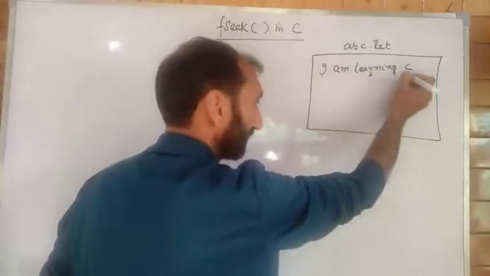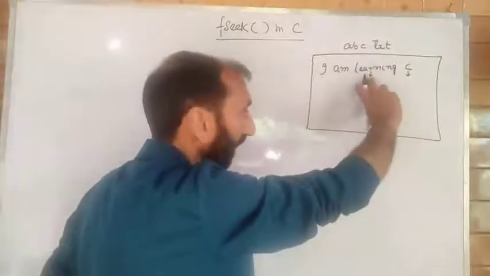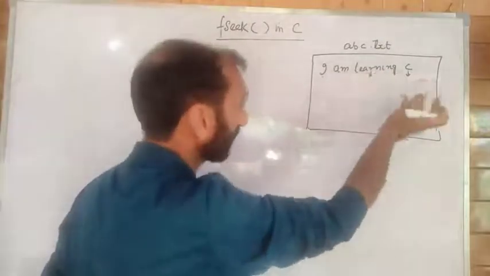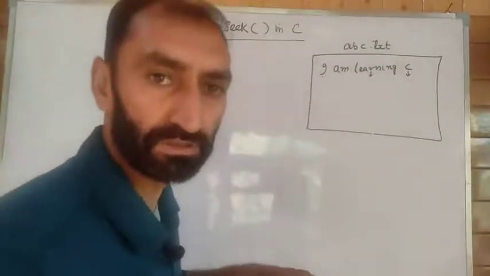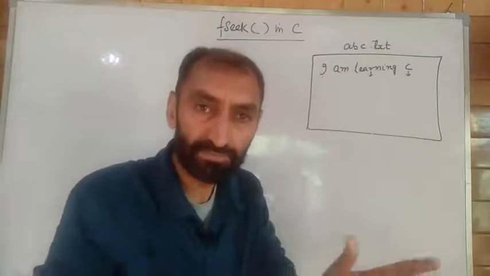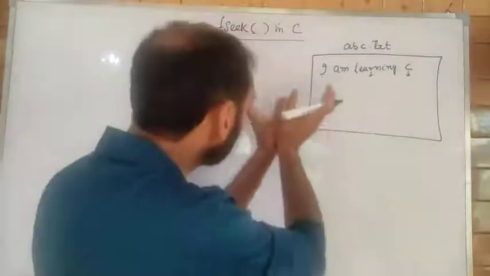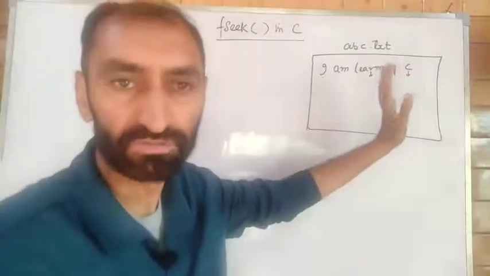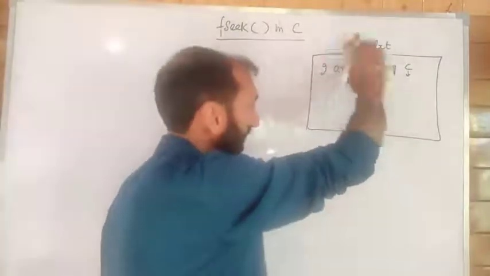For example, presently the cursor is at C and I want to move it to this position, or I want to move the cursor from the beginning to any position. We can say this fseek function is used to move the cursor from any position to anywhere. I can move the cursor either backward or forward. If the cursor is here, I can move it forward.